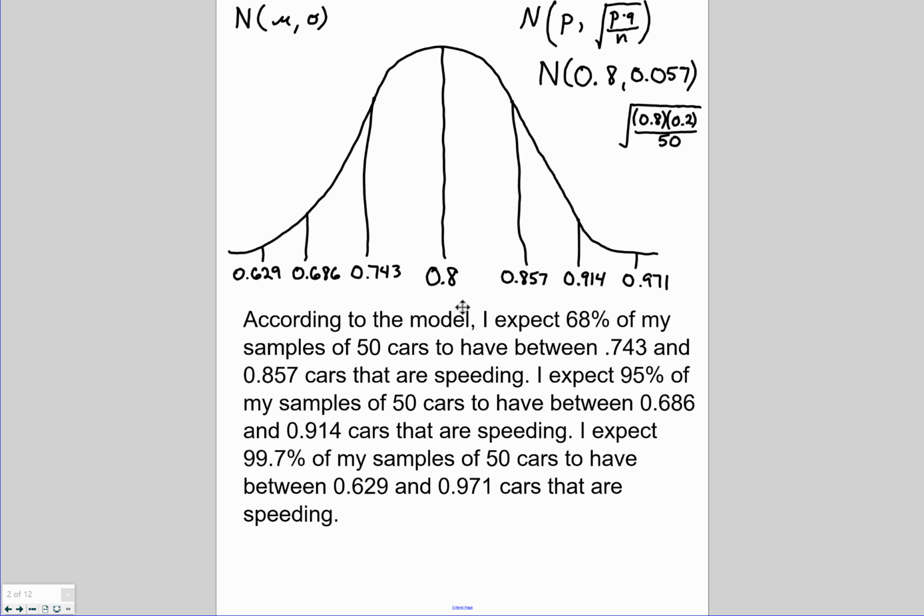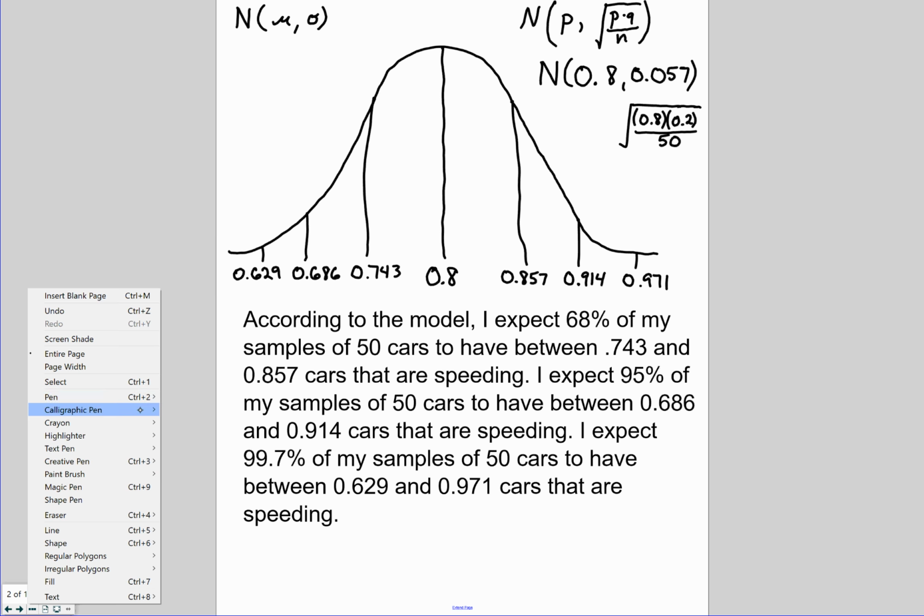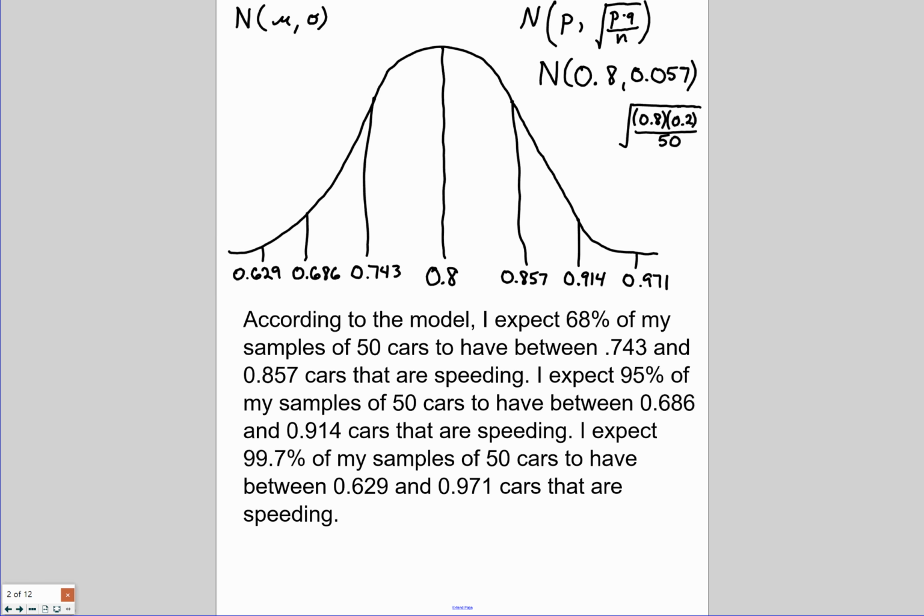When he comes back and tells us his proportion, his p hat, because it's a sample, let's say Jalen tells us his p hat is 0.99. So he's telling us 99% of the cars he sampled were speeding. What would we think about Jalen's data?